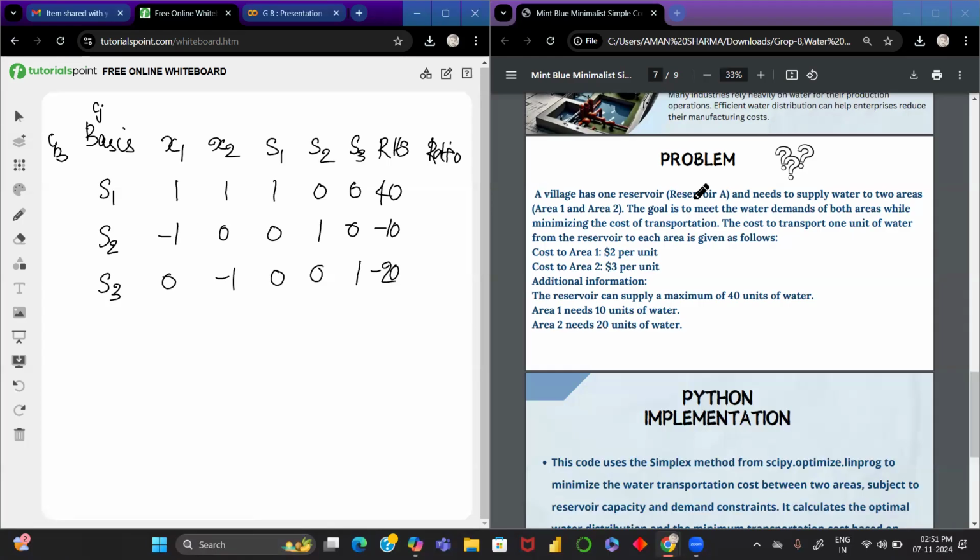And Cj will be the corresponding coefficients of the main constraint, that is -2, -3, and 0.